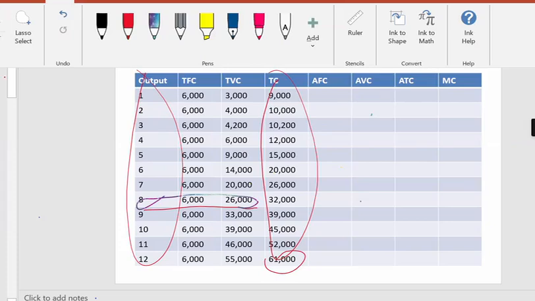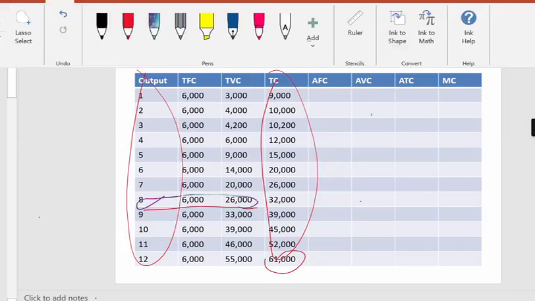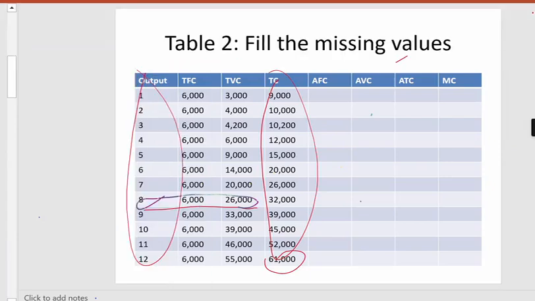At first level, haya, hapa tulianzia moja, maana kulikuwa na 0, right? What is the marginal cost here?